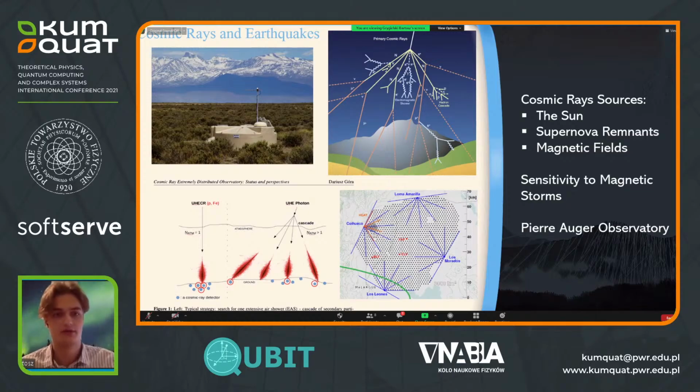So we took the data from the Pierre Auger Observatory, which is located in Argentina, because it's a system of, so to say, small detectors that are spread around a large area, so it's easier to determine from which so-called shower the detection came.